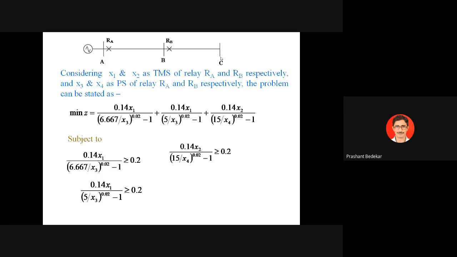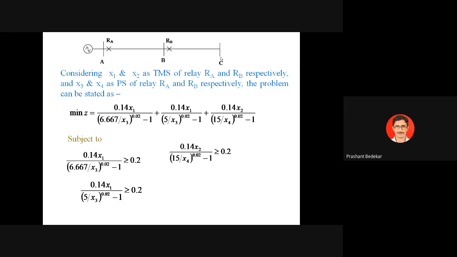Time of operation of relay RA for fault beyond bus A should be greater than or equal to 0.2. Similarly, of course relay RB will not look at the fault in the section A to B. But if there is a fault in the section B to C, it will be sensed and looked at by both relay RA and RB.